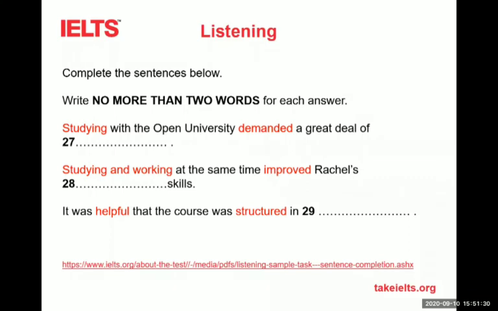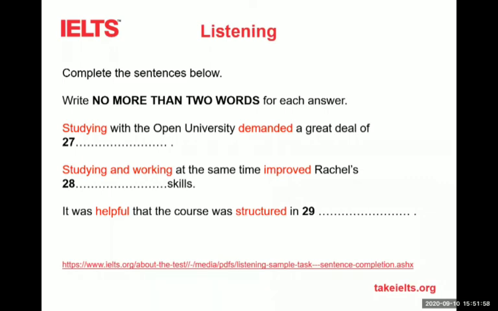Something like a great deal of, it takes a great deal of, or it demands a great deal of, maybe energy, time, effort. Good, Rosa, effort, that's a nice one. What about for 28? What kind of word do we need for the gap in 28? Very good. Yep, we need another noun.